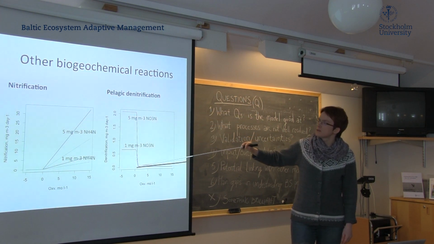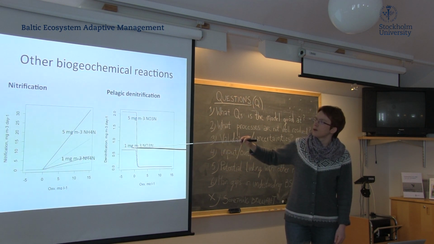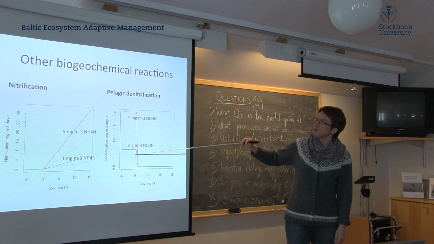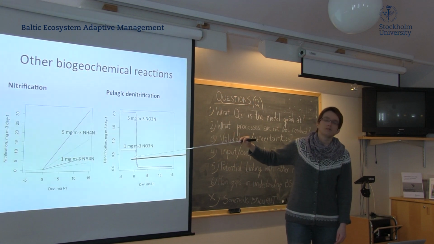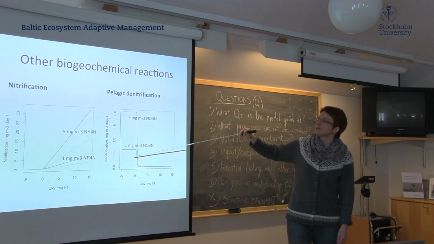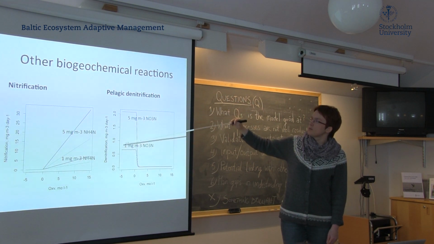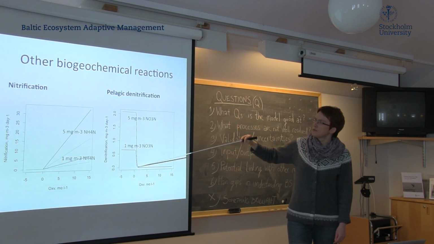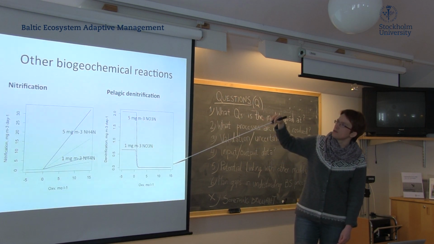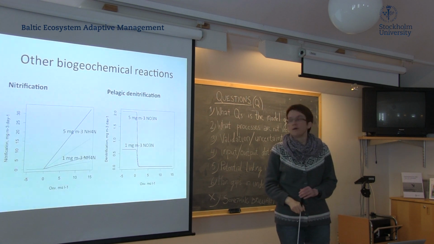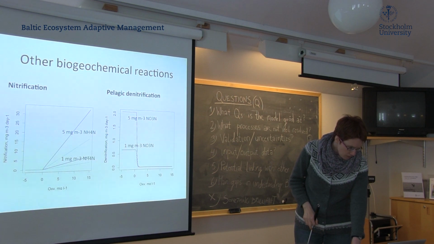If you have nitrate in an anoxic water column, part of it is going to be denitrified, and the denitrification rate is simply a function of nitrate and oxygen concentration. So the more nitrate you have, the faster the rate becomes, and if you are in the oxic part of the water column, there is of course no denitrification in the water column. So it's fairly simple.